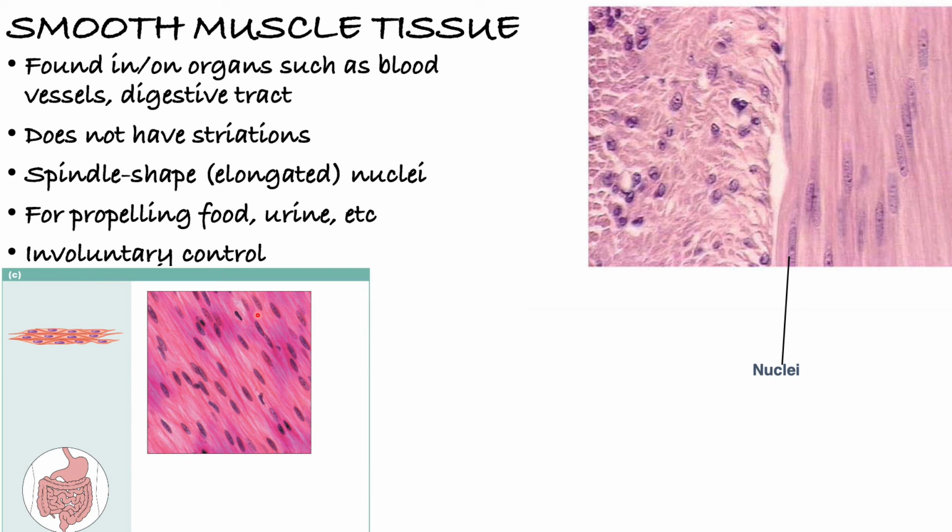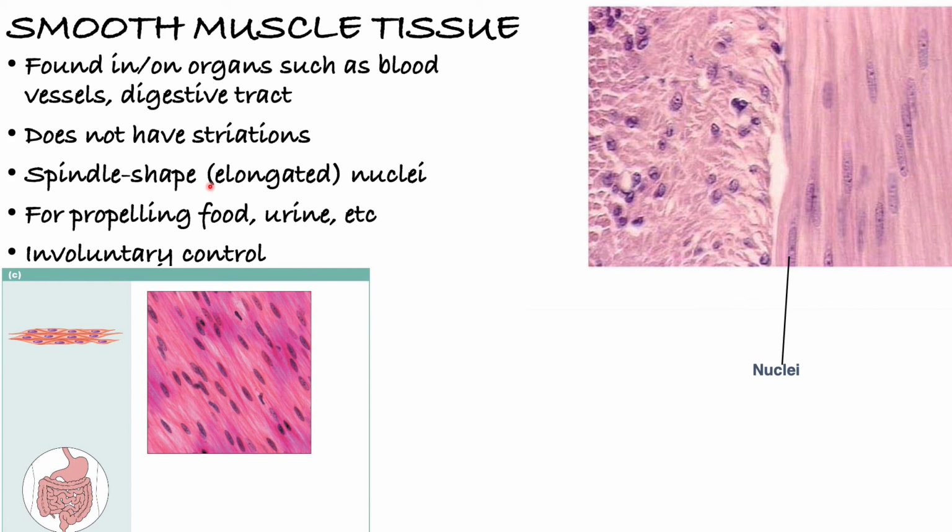We use the term spindle shaped to describe them. The job of smooth muscle tissue is propelling food. Once you swallow your food, from your esophagus all the way down to your anus, the food moves down with the help of smooth muscle.